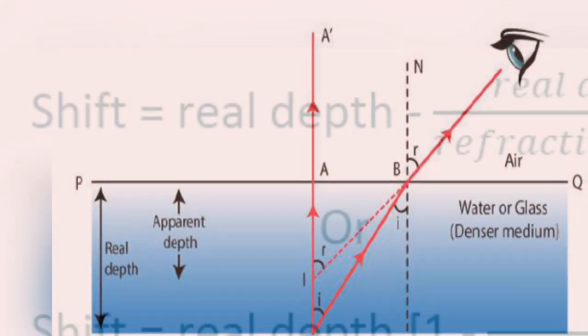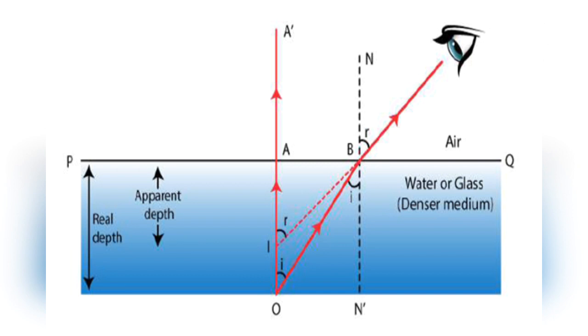So we can predict the apparent change in position from the refractive index. For example, water has an absolute refractive index of 4/3. It means that the depth of the water appears to be 3/4 of its real depth on seeing it from air.